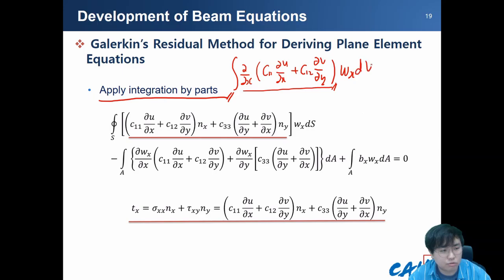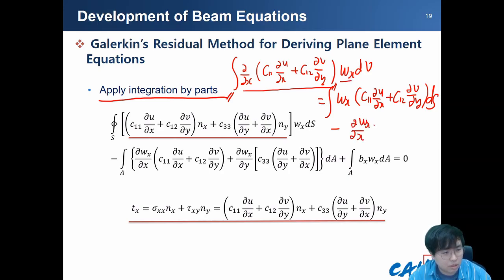This is an integration over the whole domain. First, we integrate this part once, wx, but it changes to the surface domain, and then minus, we differentiate this part and integrate the other part, with the same volume integration. This is the result. It looks like this.